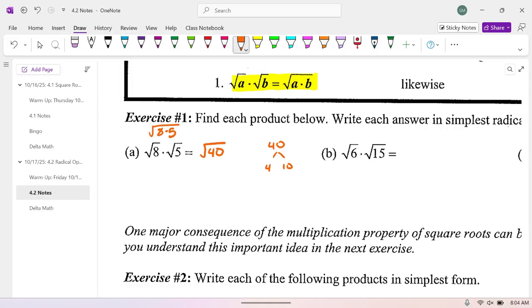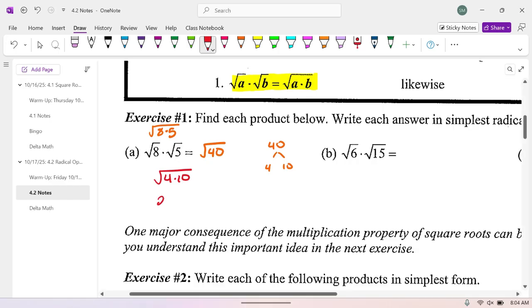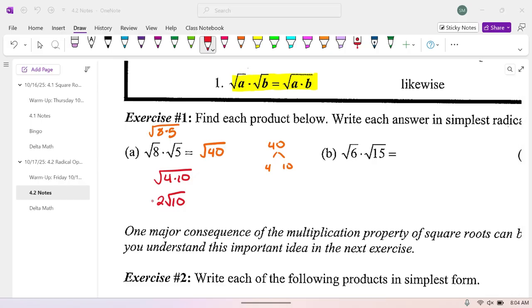All right, so if I rewrite 40 as 4 times 10, what can I take out? The square root of 4, which is just 2. So this will be 2 square root 10. Now, does 10 have any perfect square factors in it? Nope. So we're done.